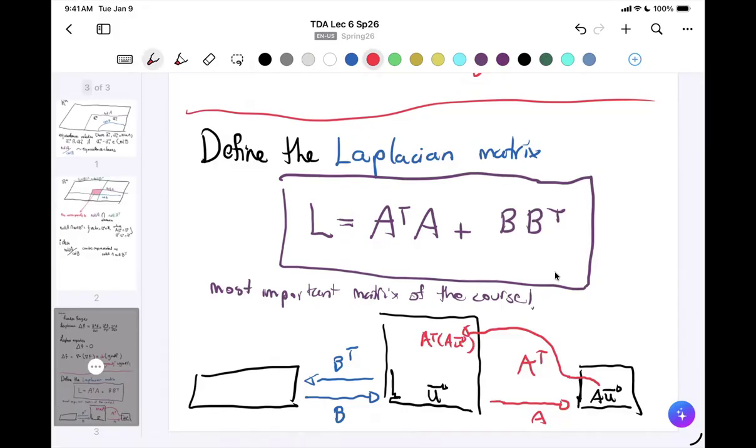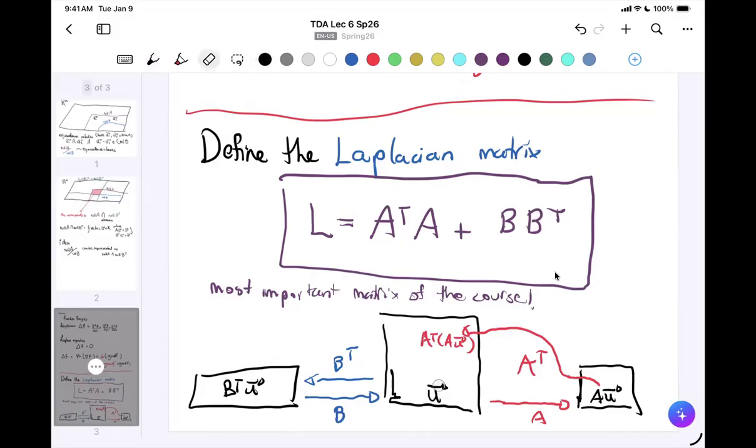So if you have u here, you can go with B, sorry, now you have to start with the transpose first, right? Because B is going this way. So if you start with u, you hit it with B transpose, which lands you on the other side. So this one is B transpose u.